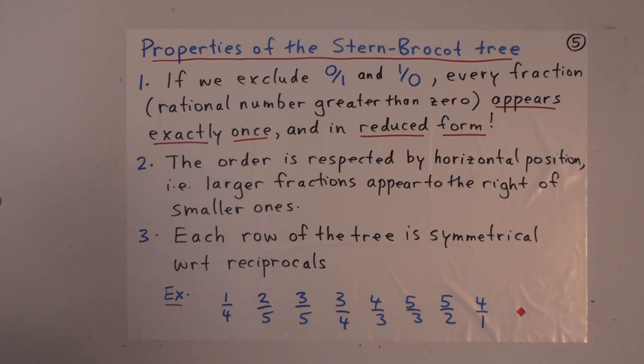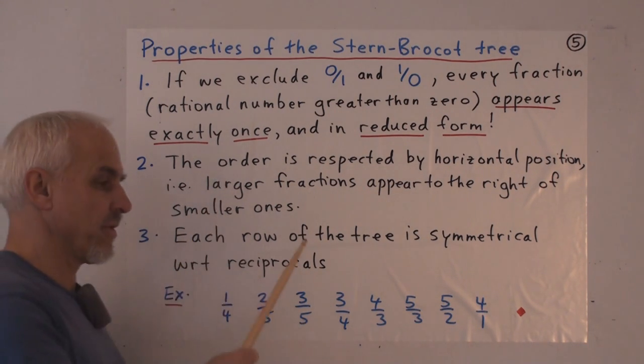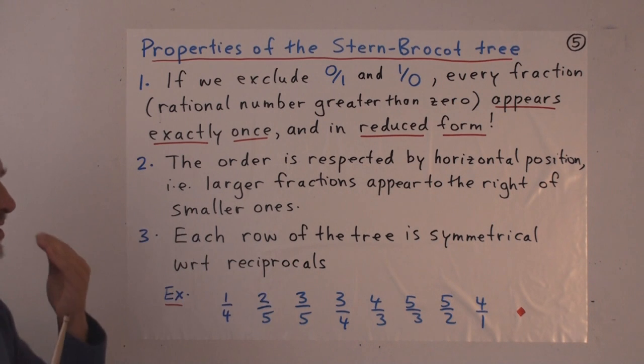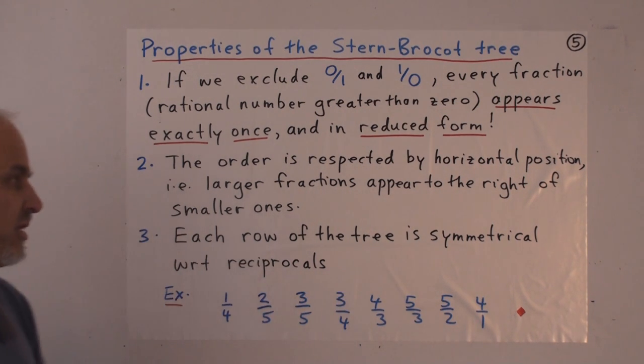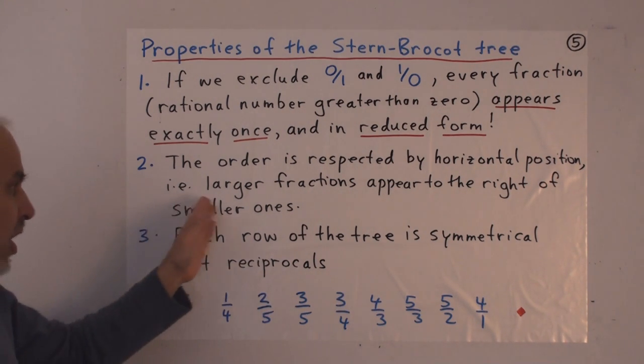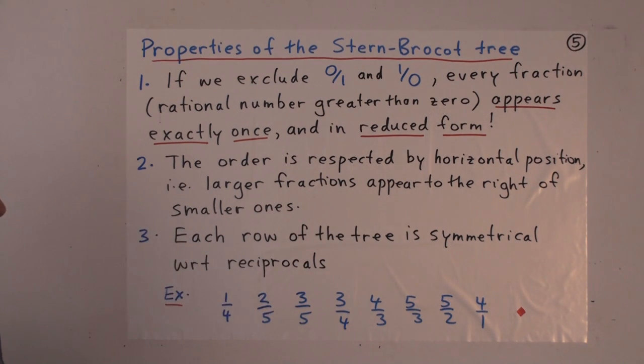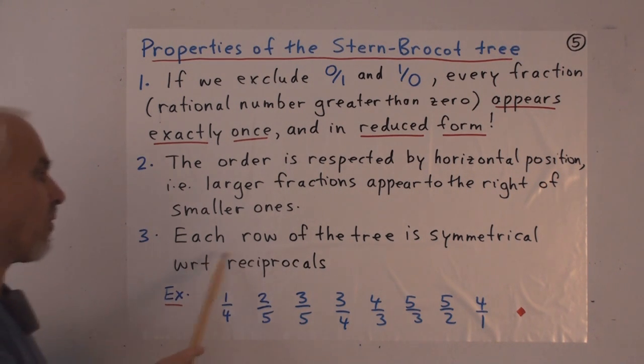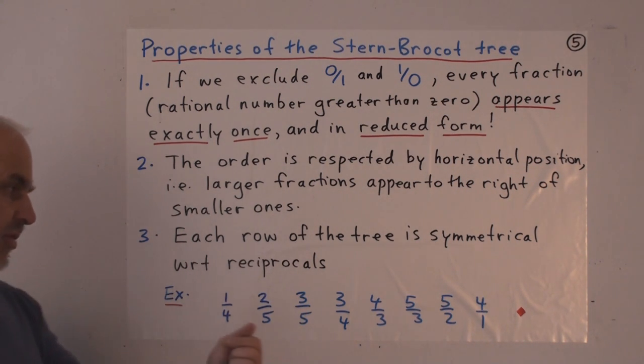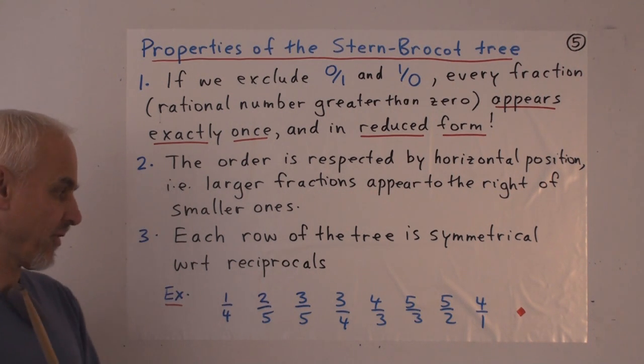Another important but somewhat more obvious property is that the numerical order is respected by the horizontal positions. So in other words, larger fractions appear to the right of smaller ones. Another property that we've already mentioned is that each row of the tree is symmetrical with respect to taking reciprocals.